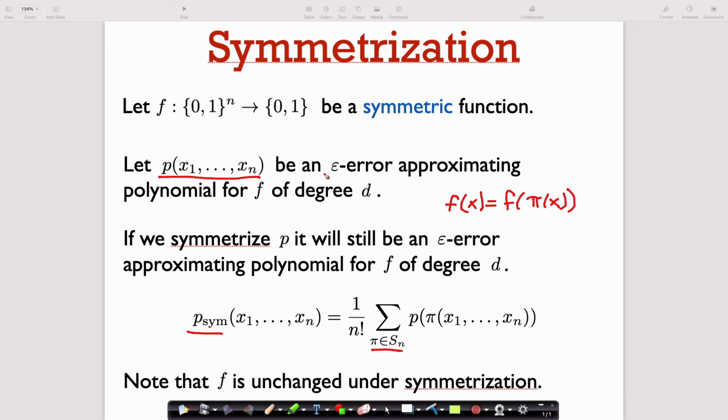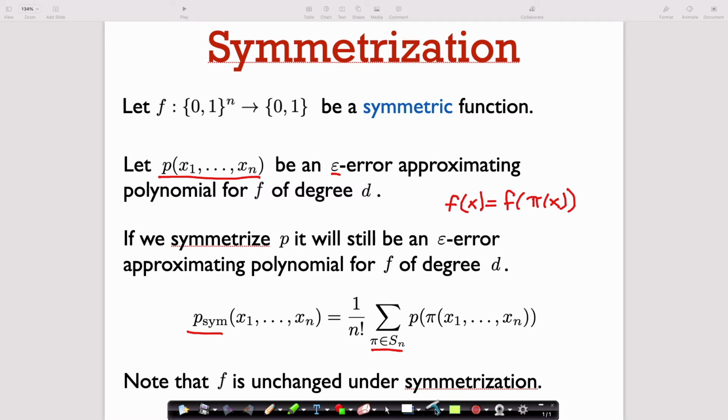All we know is that for every x, it's at most epsilon away from f of x, but it doesn't actually have to be symmetric. But what we do by the symmetrization process is we create a symmetric polynomial. So by this construction, p sim is going to be a symmetric polynomial, and moreover, it will still be an epsilon error approximating polynomial for f.